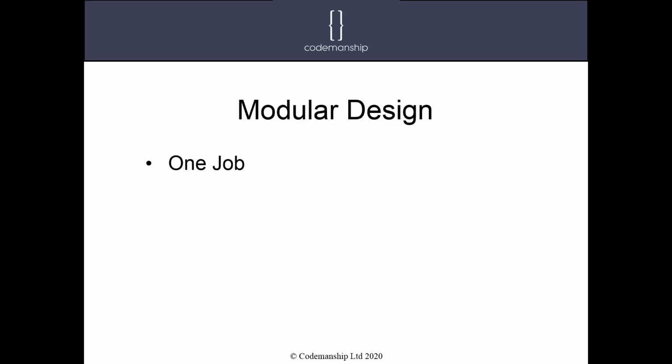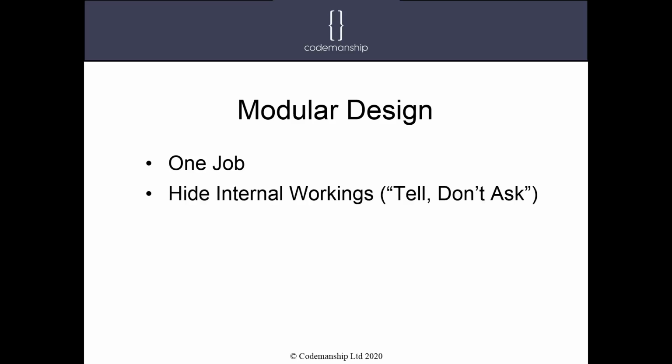With a modular hi-fi, you can have the Sony turntable with the Yamaha CD player and the Denon amplifier. You get much more choices about how you can configure your system using existing modules. So the composability of the system is greatly increased when each module only does one job. So make sure your modules only do one job, only have one reason to change.